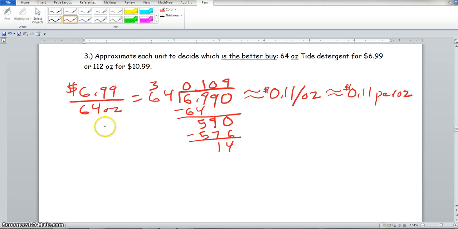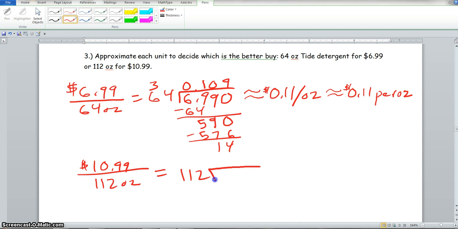Okay, now we would do the $10.99 for 112 ounces. So we'll take 112 into $10.99.